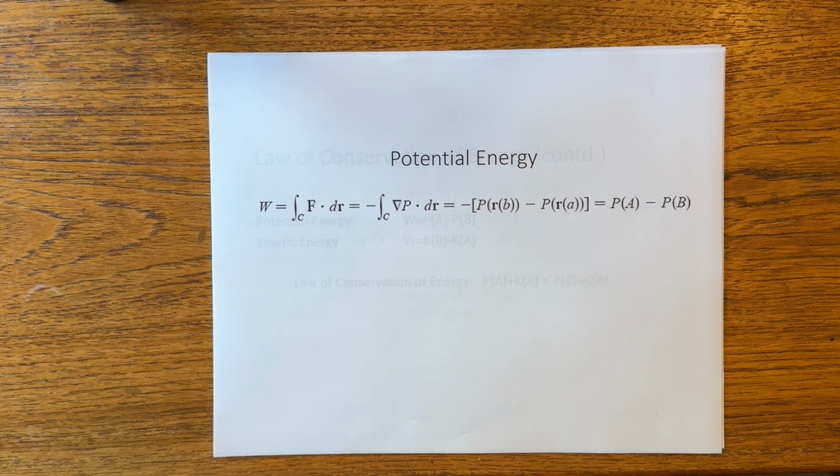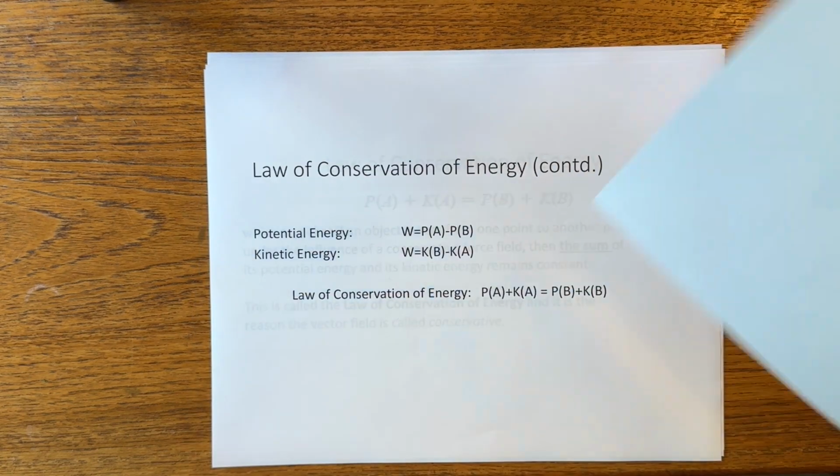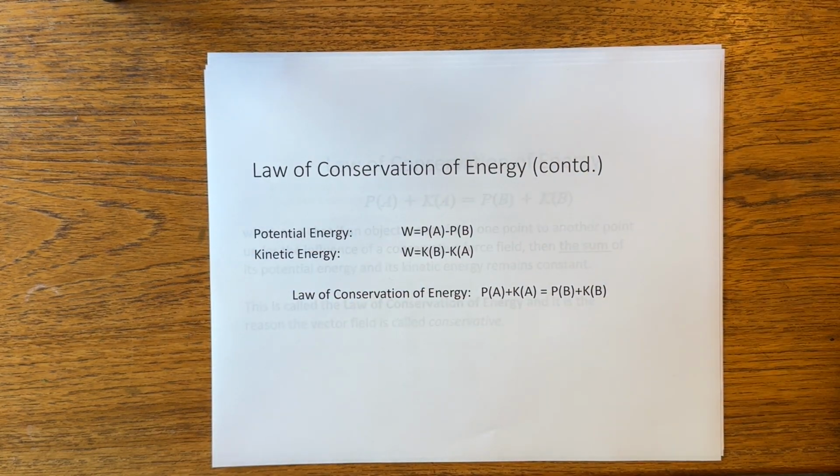Now we've got the potential energy as well as the kinetic energy. I'm going to combine these two things together in the next slide. We're almost home. Let's finish this. The law of conservation of energy now: remember that the potential energy we derived was work equals PA minus PB.